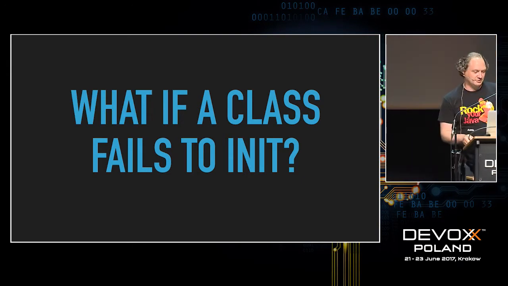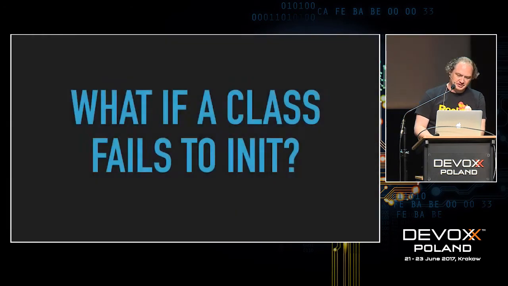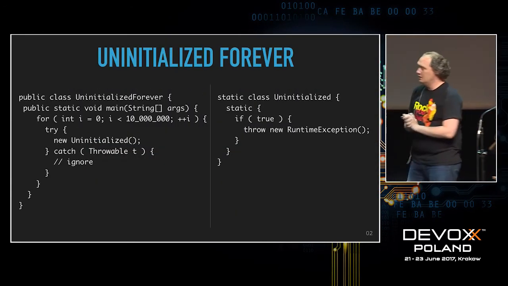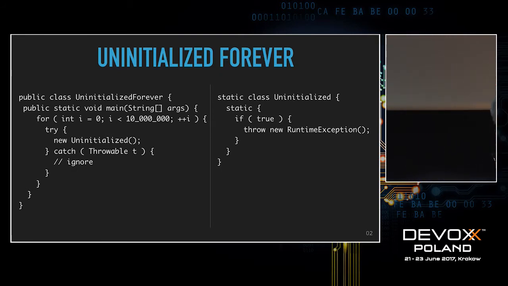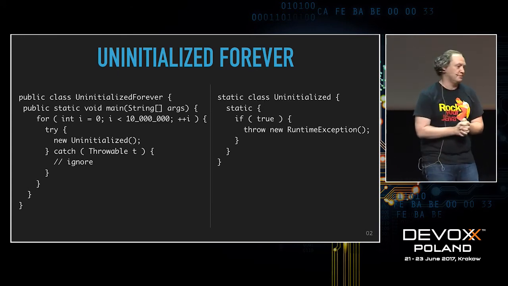Oh, let's find out, just for fun. We're going to run this example here. I have a main that is going to try to construct 10 million instances of a class called UNINITIALIZED. And I wanted this program to be robust, so I caught throwable inside my loop, just to make sure it keeps running.